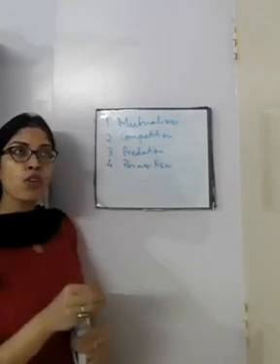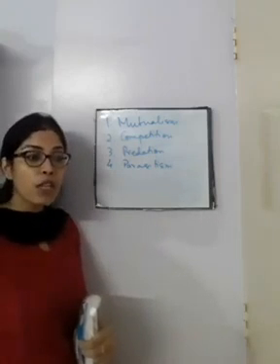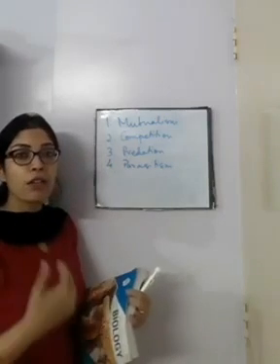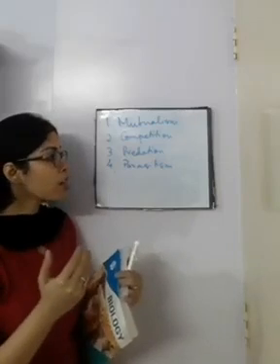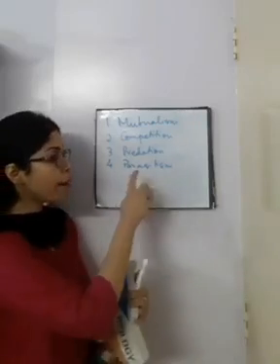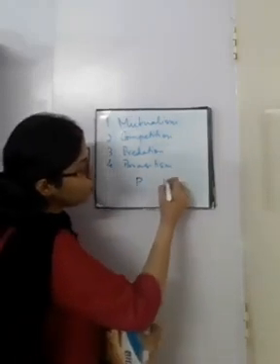Okay, so the host will provide shelter, though the host may not be willing to act as a host to the parasite. Okay, so the parasite is there and the host is there.